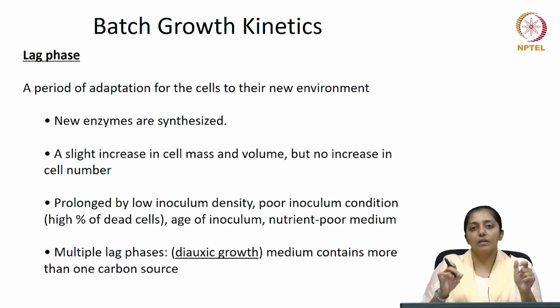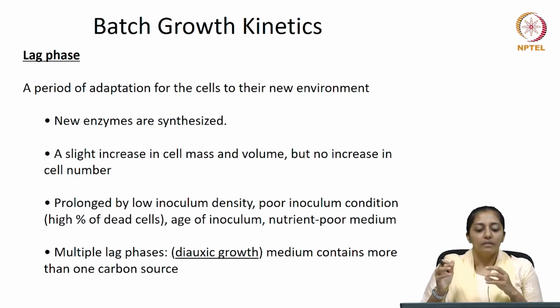Generally, starter cultures are produced in rich medium and then brought to the production medium. They are grown in rich medium so that they can be activated. Now, when such cultures, which have been grown on very nutrient rich medium, are exposed to a defined production medium, then you will observe lag phases.